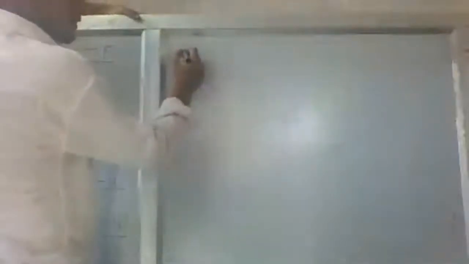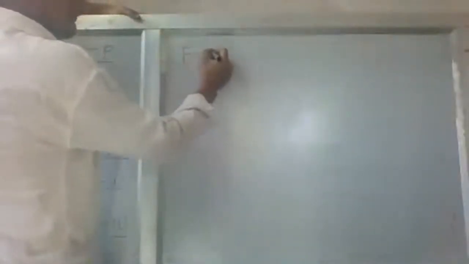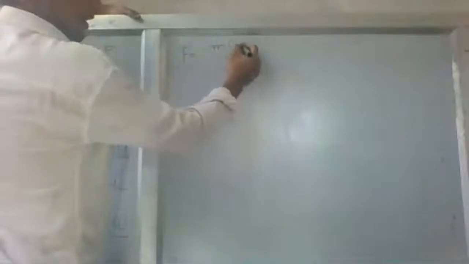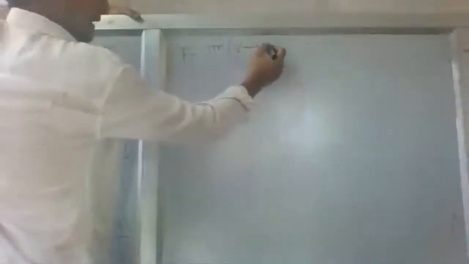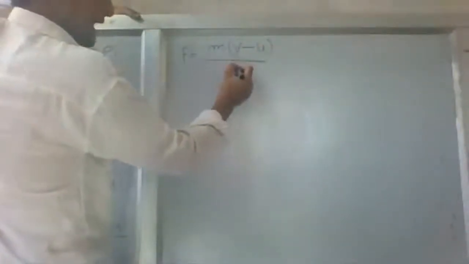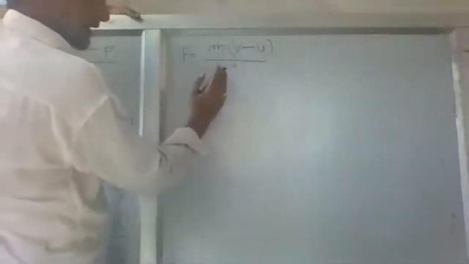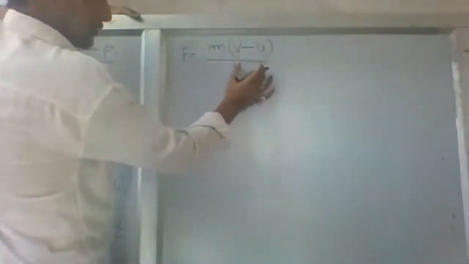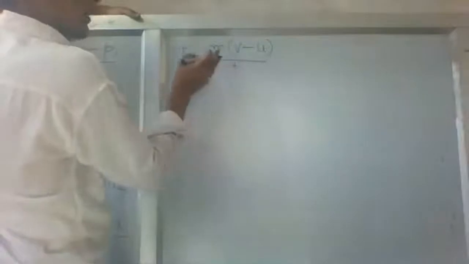So now I am going to write this final equation over here: F is equal to mass, which is constant, times final velocity minus initial velocity upon time. Now I am going to take time under this value, not under this value.